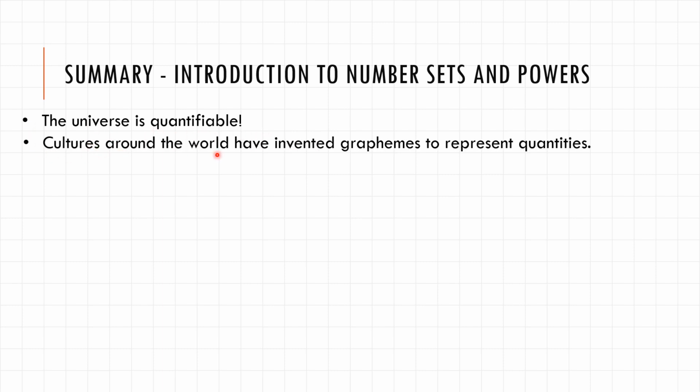Cultures around the world have invented graphemes or symbols to represent these quantities. Unfortunately, we know that quantities can get really, really large. So cultures sometimes stop at maybe just 9 graphemes or 10. Some of them stop at 20. The ancient Babylonians had 60 graphemes, 60 symbols to represent quantities.